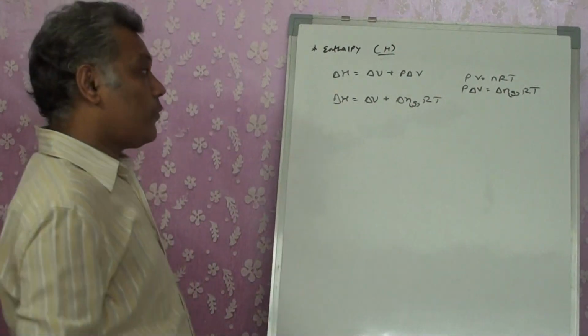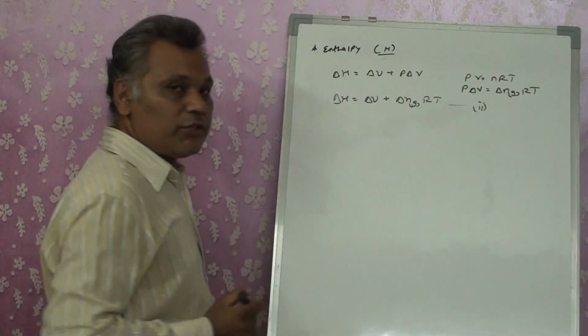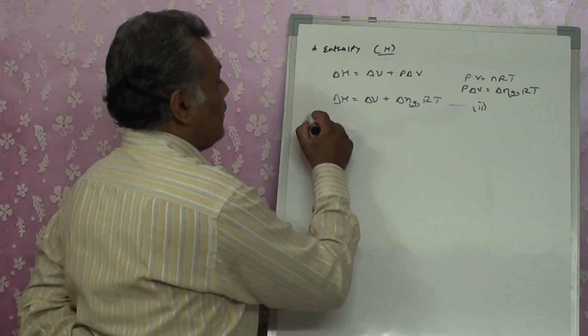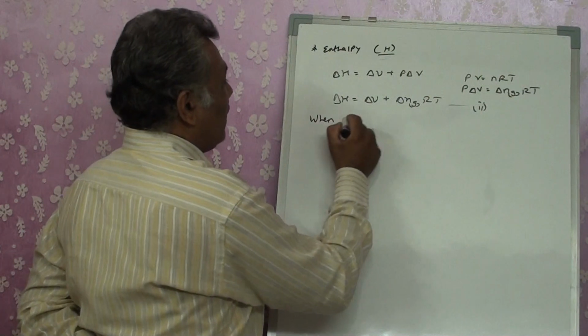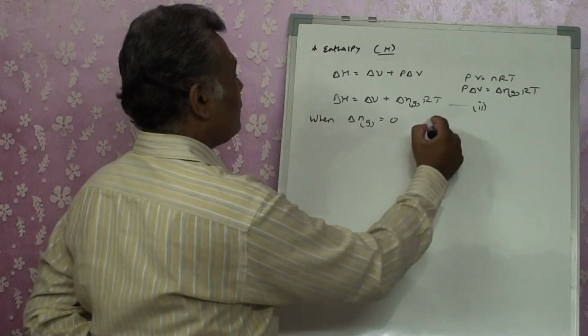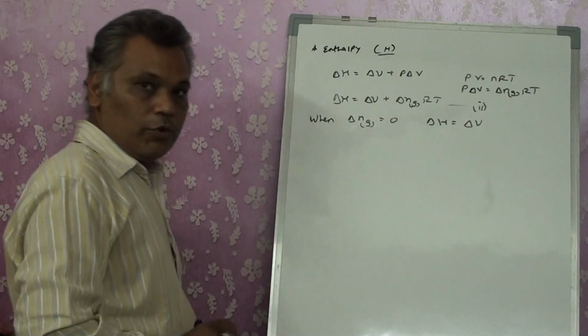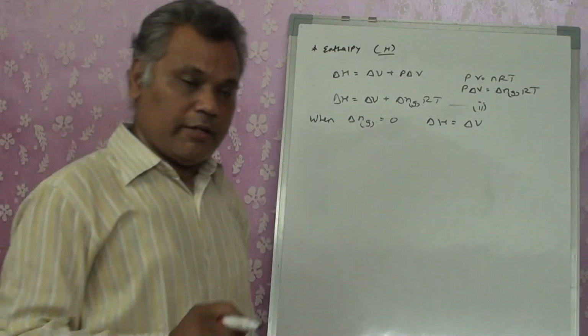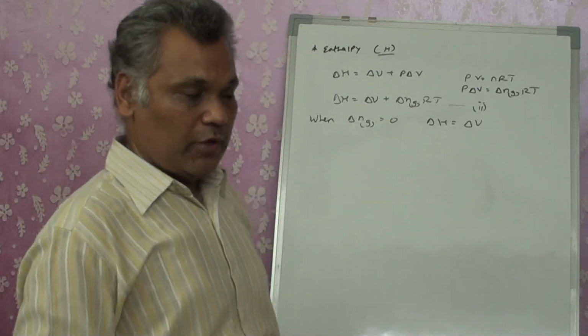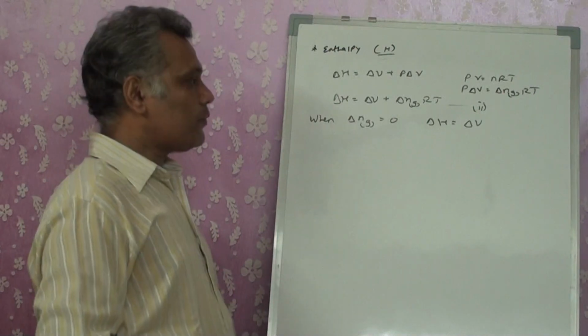What does this equation tell me? This is my second equation. When delta Ng equals 0, we get delta H equals delta U. So when will the values of internal energy and enthalpy be the same? If the change in number of moles is equal to 0.